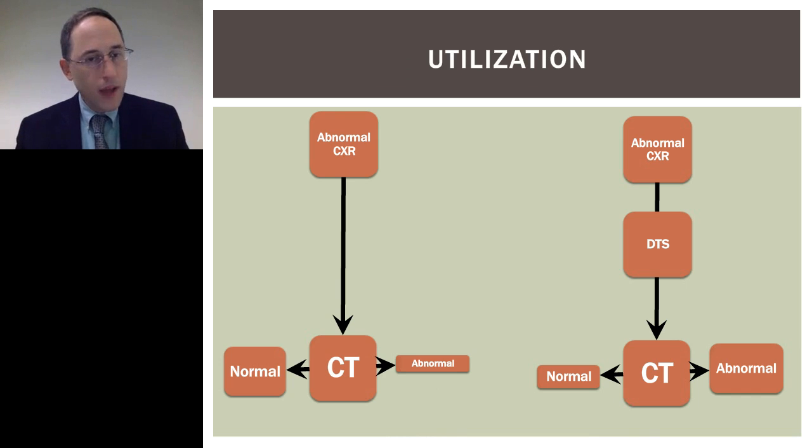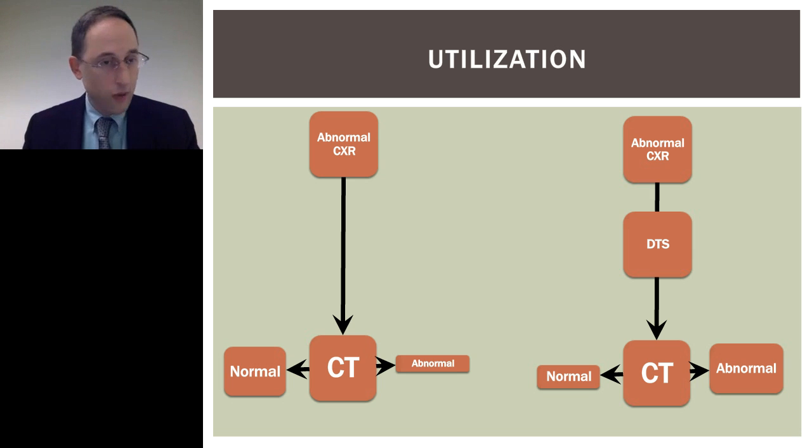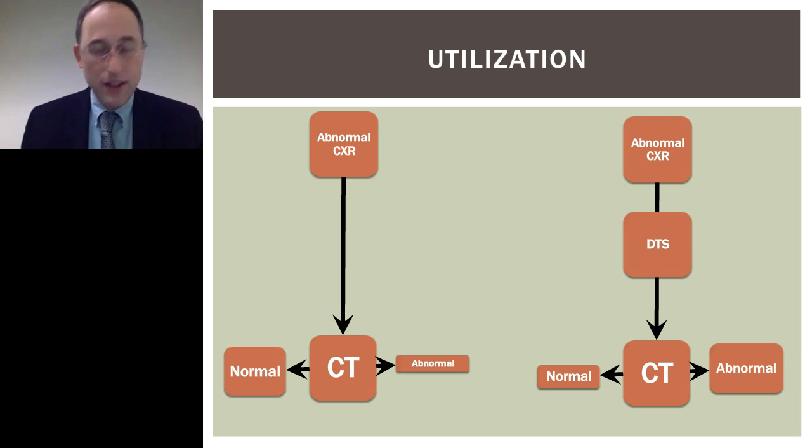So what if, instead of doing radiographs on people and then sending them to CT based on a questionable radiograph, you did the radiograph, then did tomo and decided, or just started out with tomo and decided, what would happen to your utilization? And the thought is that you may have a lot of patients who you determine don't need to go for CT because the findings are not as inconclusive.